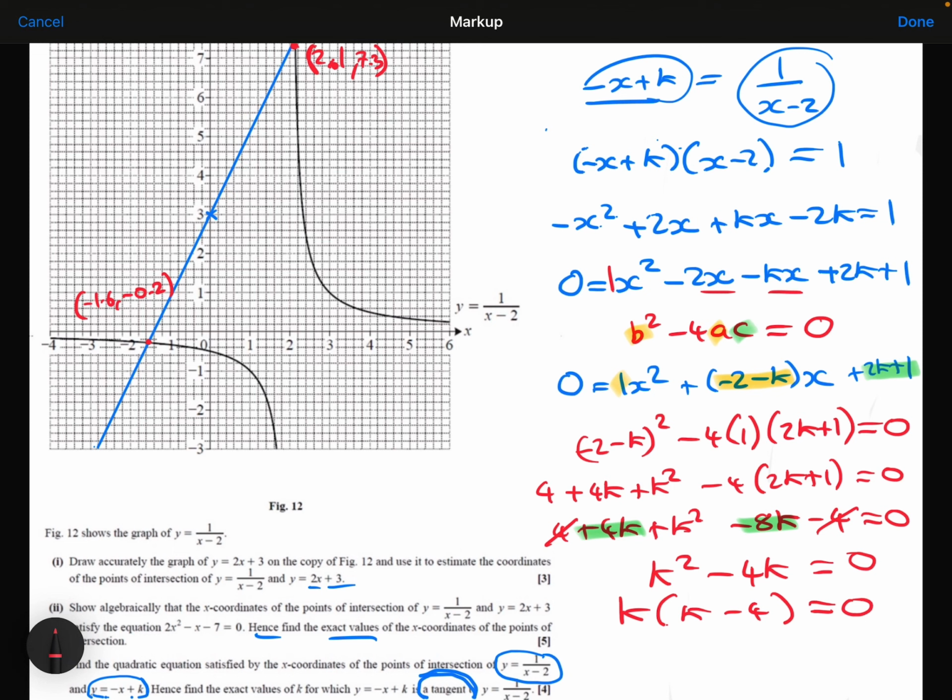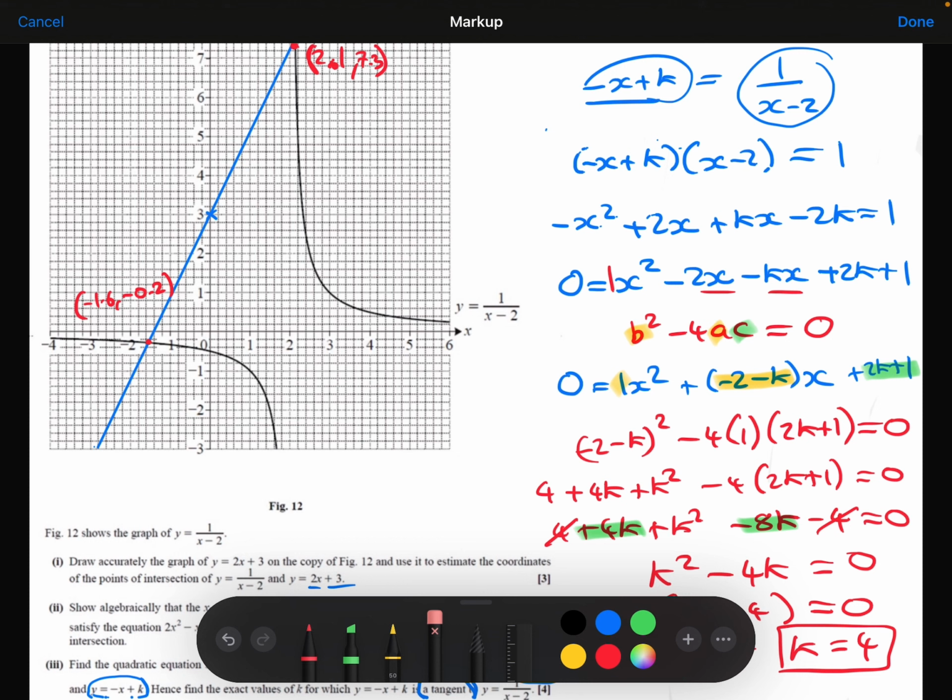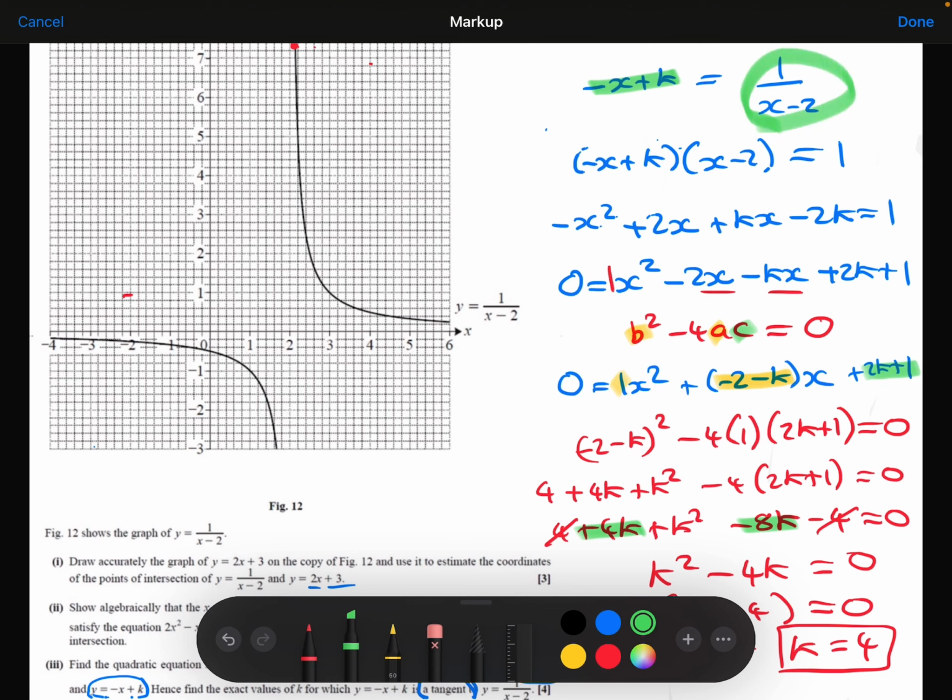And I can see that if k equals 0 or if k equals 4, these are the values of k that will make the equation y equals minus x plus k intersect with our 1 over x minus 2 in one place as a tangent.